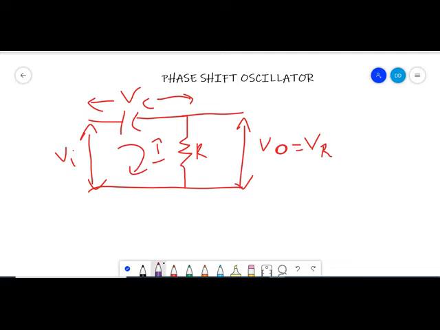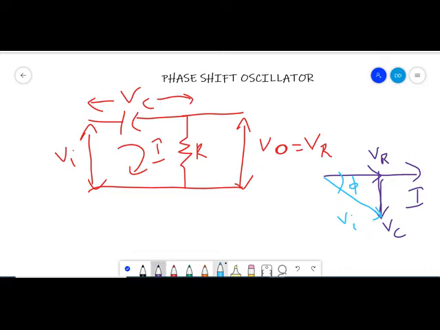Now we draw the vector diagram for this. The current I is taken as the reference. So the voltage VR is in phase with the current. The capacitor voltage is lagging the current, and this is our resultant, which is VI. This angle is phi.